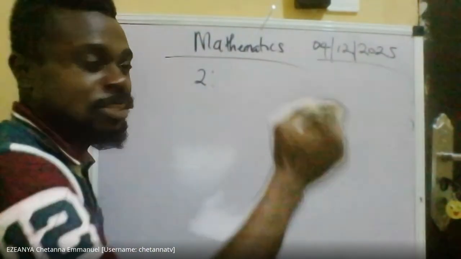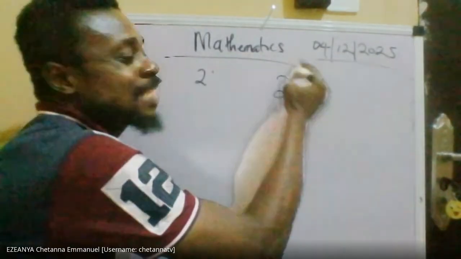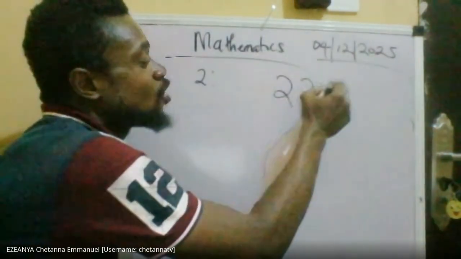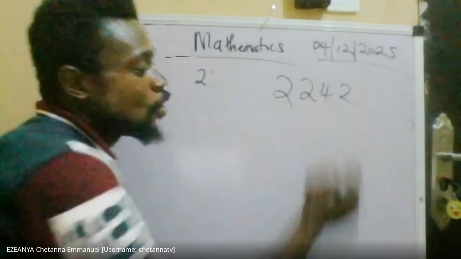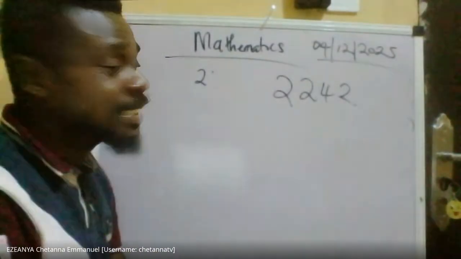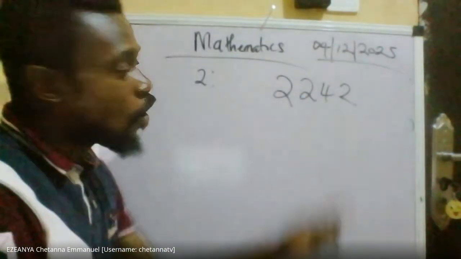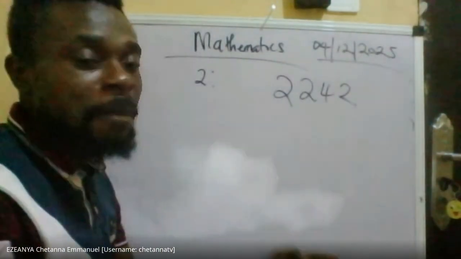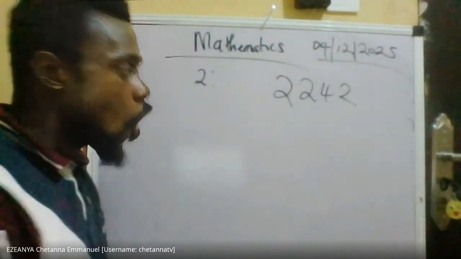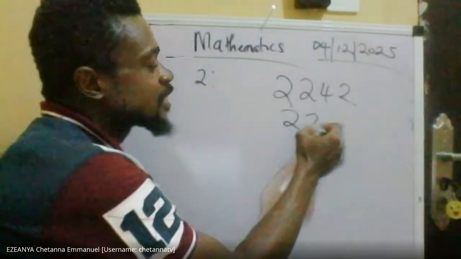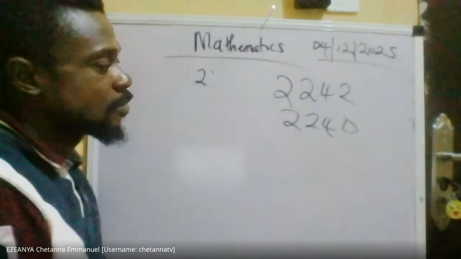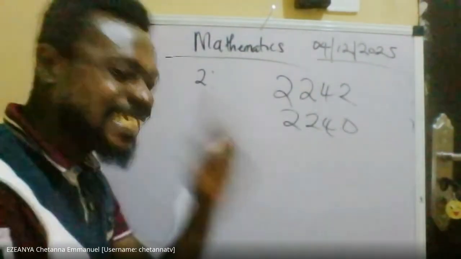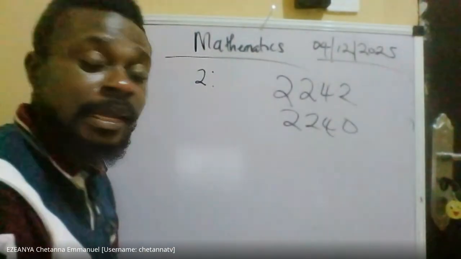If you see something like 2,000, no matter the number of digits, or 2,242, once the last digit is 2, 4, 6, or 8, an even number, that number is divisible by 2. Or if the last digit is 0, either 0 or an even number, that number is divisible by 2.